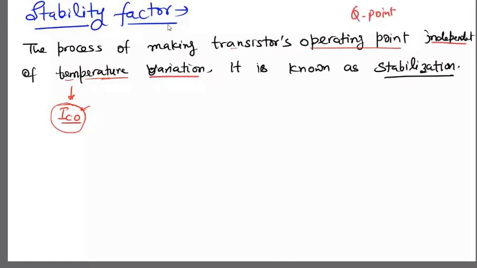Q point means we are talking about VCE and IC. VCE is always fixed, constant, but IC may vary, because we know the relation IC equals beta IB plus (1 plus beta) ICBO or ICO.